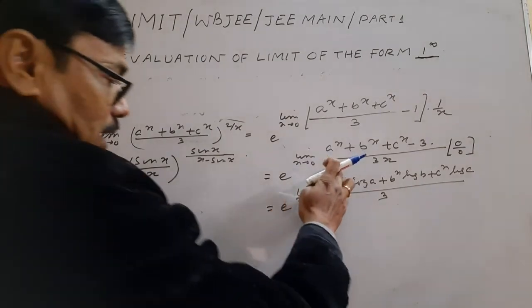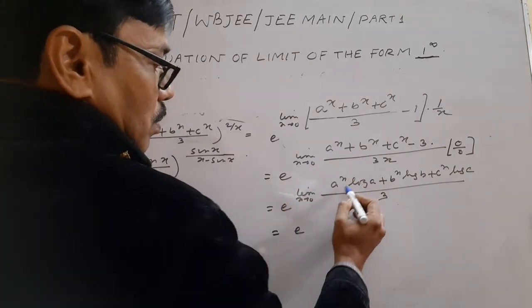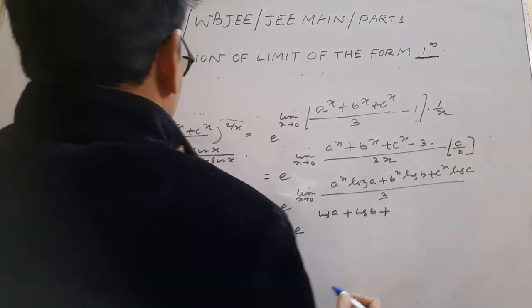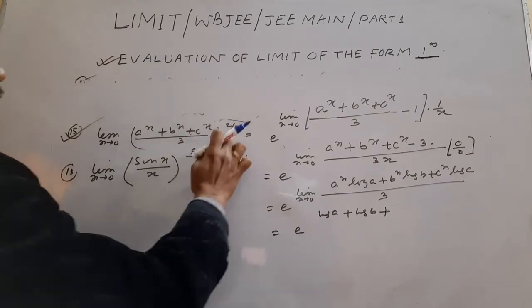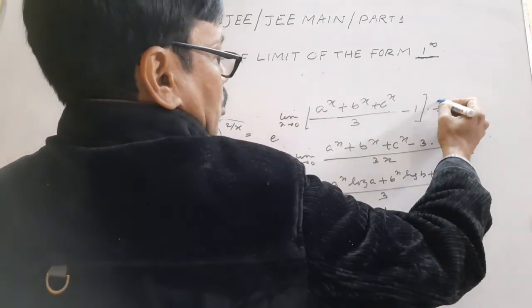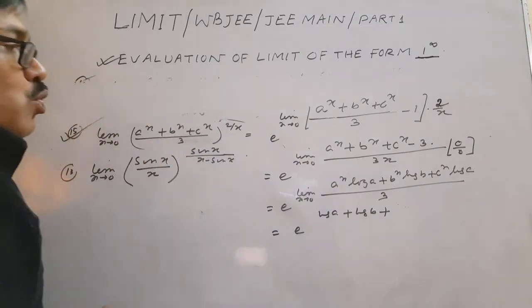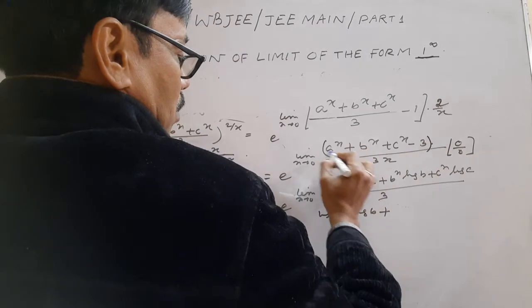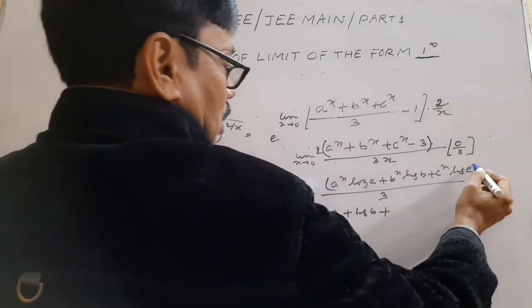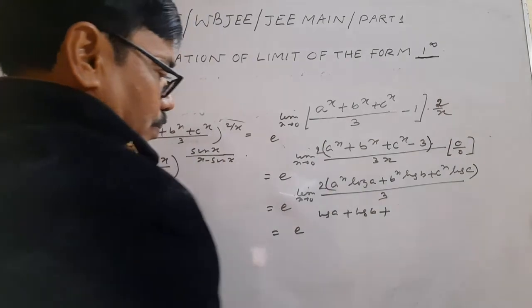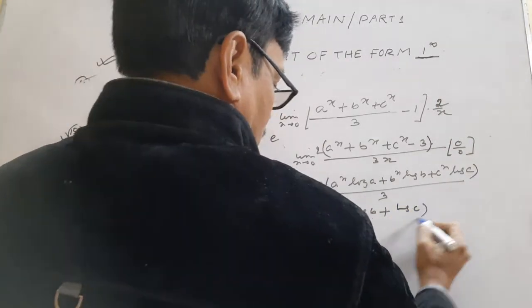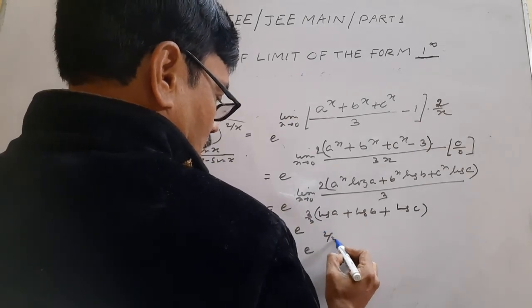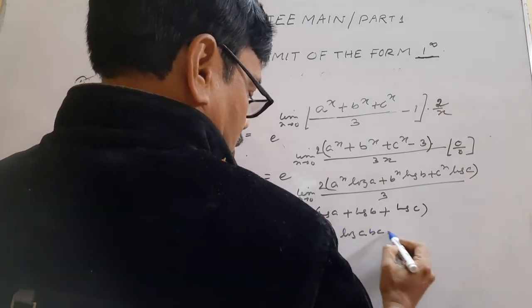Now if we put x equals to 0, we get e to the power (log a + log b + log c) by 3. Sorry, this is multiplied by 2, since the exponent is 2 by x. So it will be e to the power 2 by 3 log abc.